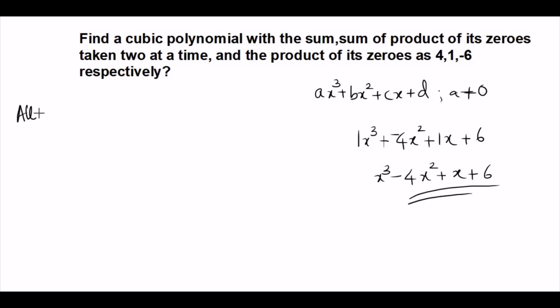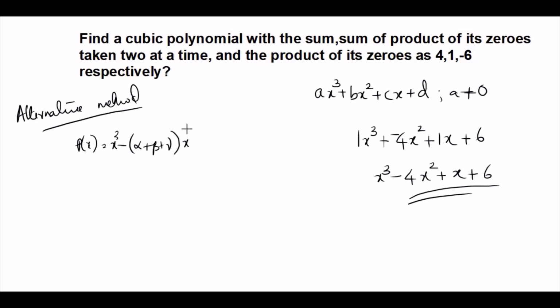Now let's see the alternative method. That is, p of x is equal to x cube minus alpha plus beta plus gamma into x square plus alpha beta plus beta gamma plus alpha gamma into x minus alpha beta gamma. So you just substitute these values.